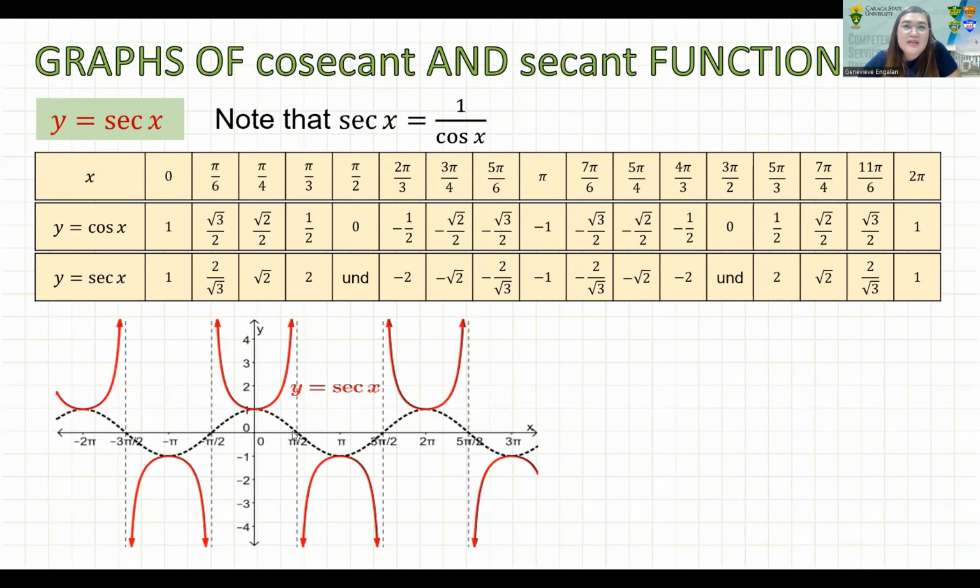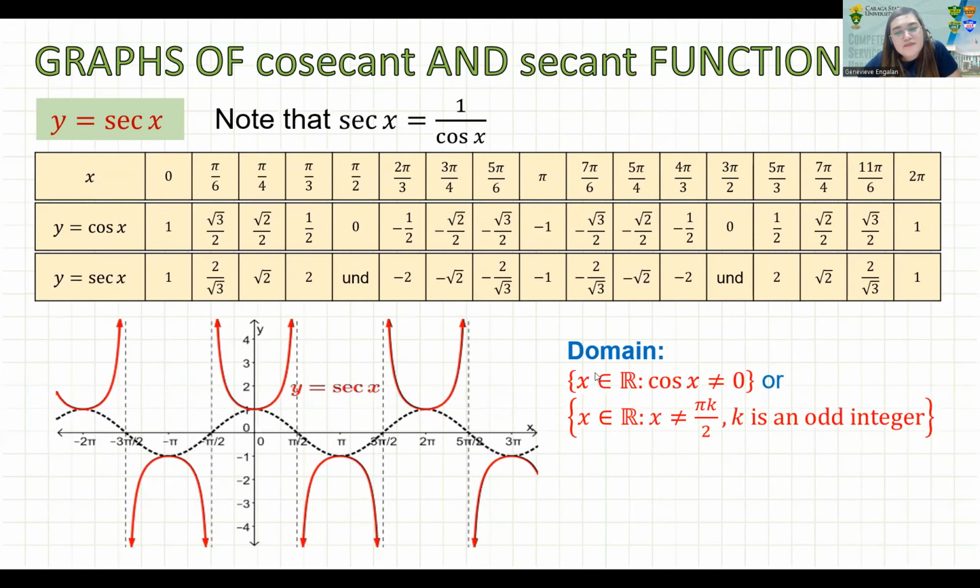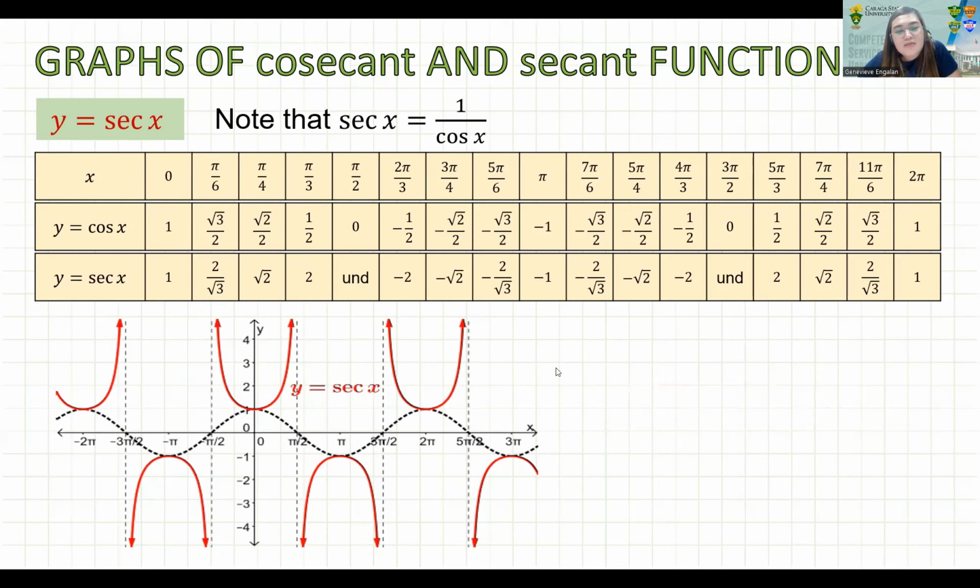pi over 2, kanang 3 times pi over 2. Okay, so pag-add ang numerator tapos 2 ang denominator, walay value ang secant x dira, undefined.